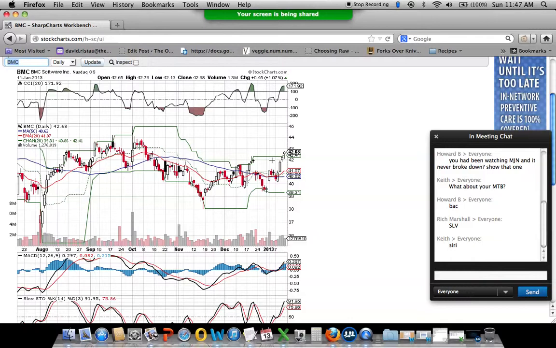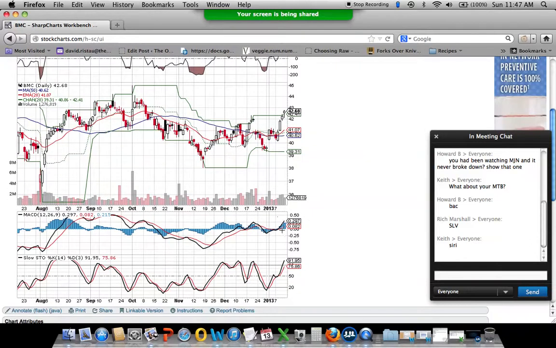I had BMC on the swing part of the charts to watch for a very long time at 41.45. I saw it start to trend up here, about to break above 0, the MACD black line was just going above the red line, and the stochastics were building between 20 and 50. Everything was setting up just the way I wanted.